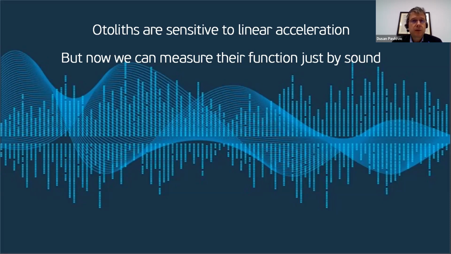But what about otoliths? Can we test this part of the labyrinth? Yes, we can. And despite these sensors being sensitive to linear acceleration, we can measure their function just by sound.